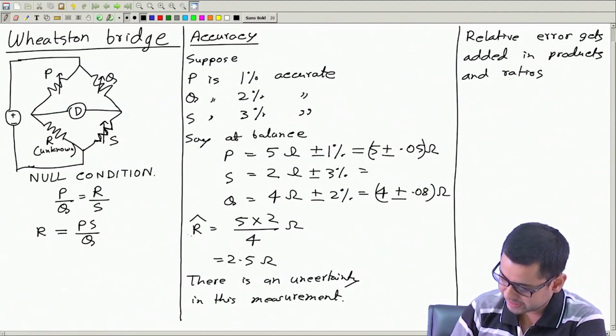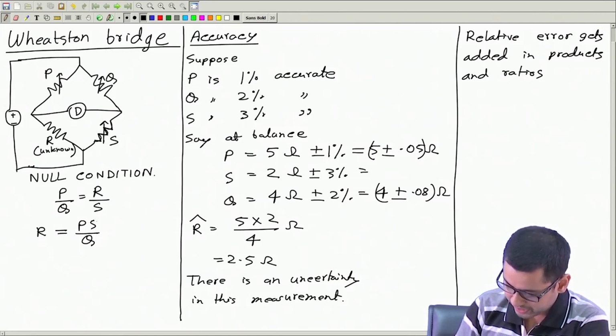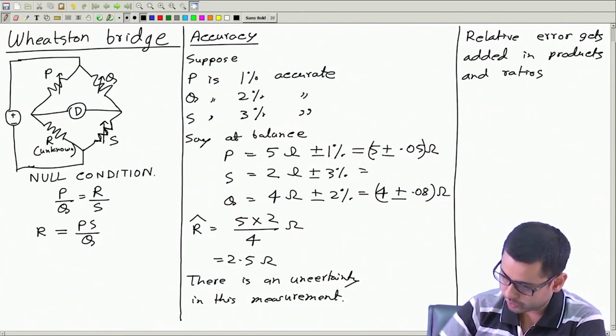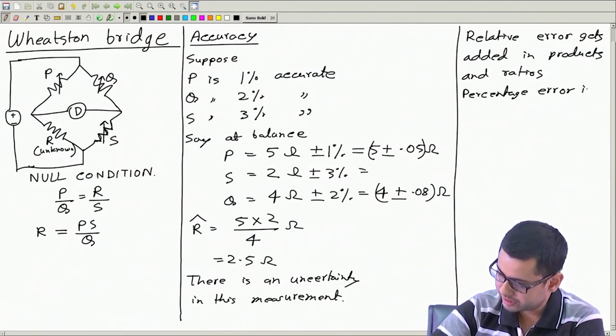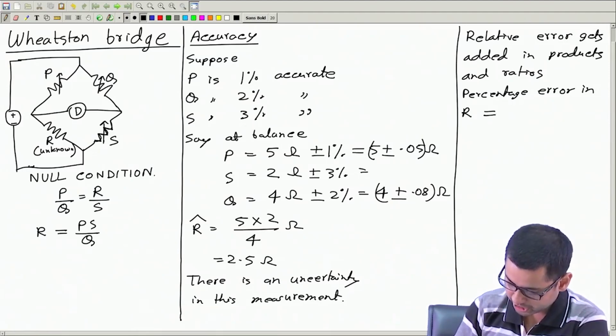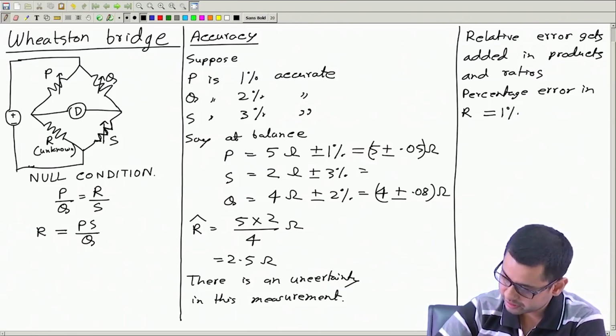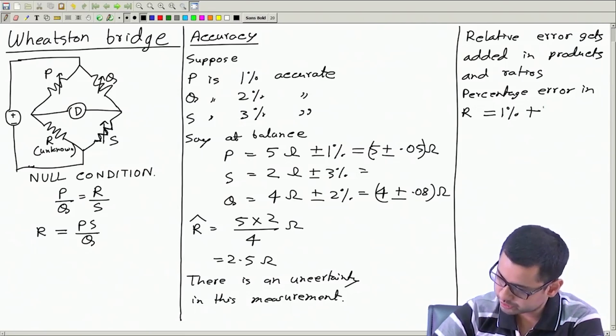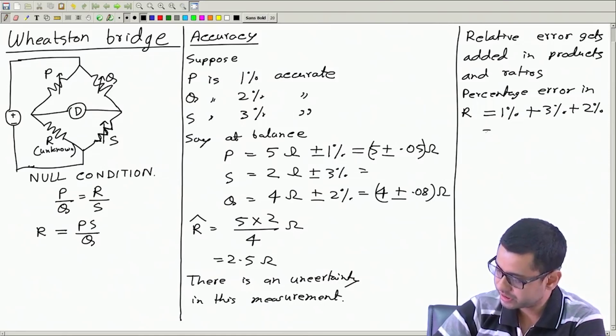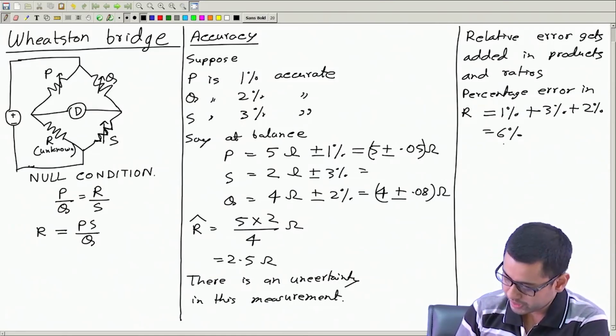Here R is estimated as the product PS divided by Q. Therefore, the relative error or percentage error in the measured value of R will be given by the percentage error of P plus percentage error of S plus percentage error of Q, which is 1% for P plus 3% for S plus 2% for Q, which is 6%.